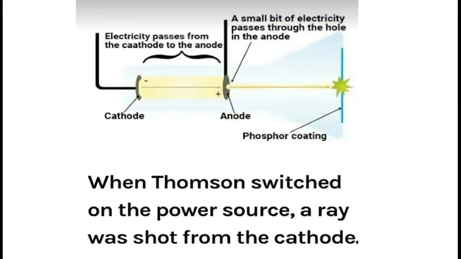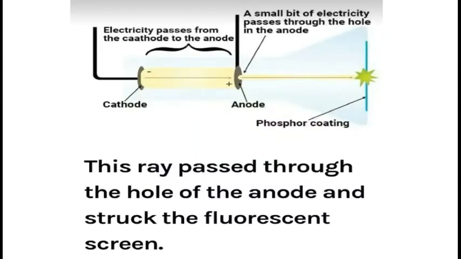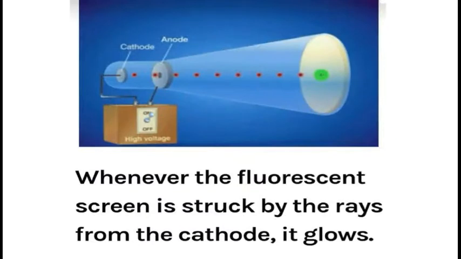When Thomson switched on the power source, a ray was shot from the cathode. You can see it in this picture. This ray passed through the hole of anode and struck the fluorescent screen. Whenever the fluorescent screen is struck by the rays from the cathode, it glows.